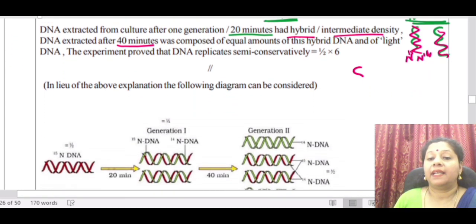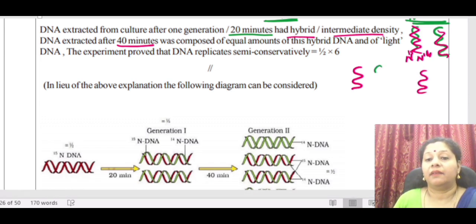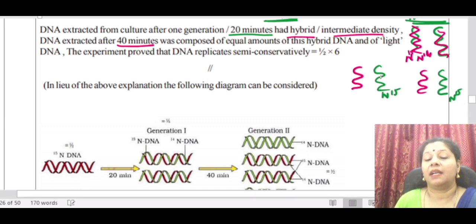Because you know, when these get separated, we get 4 strands like this. This is N15, this is also N15, and the rest in red are N14. Newly formed ones are N14. So this will have one N15, one N14. This also will have one N14 and one N15.